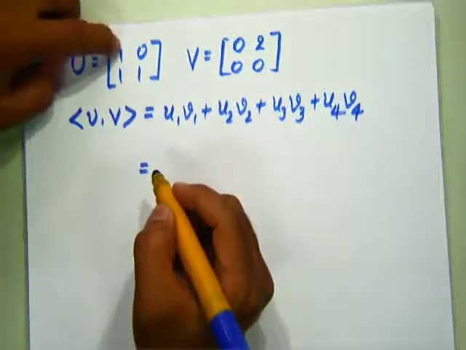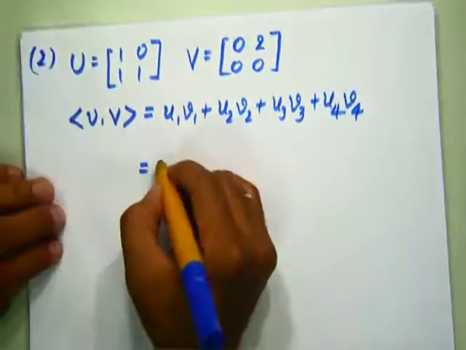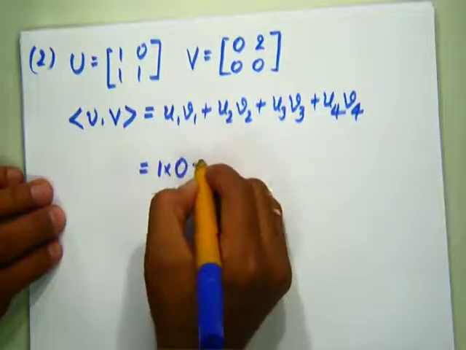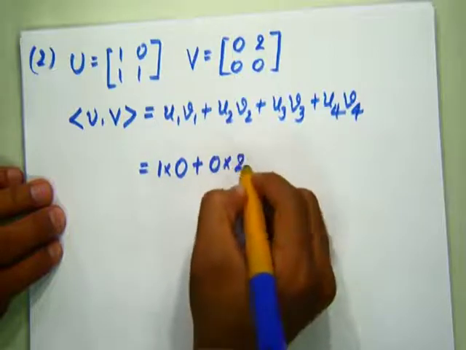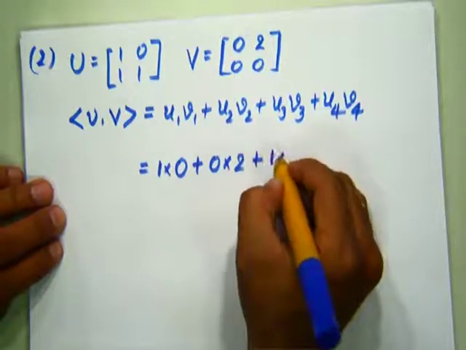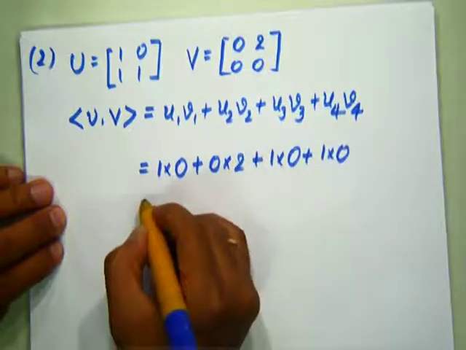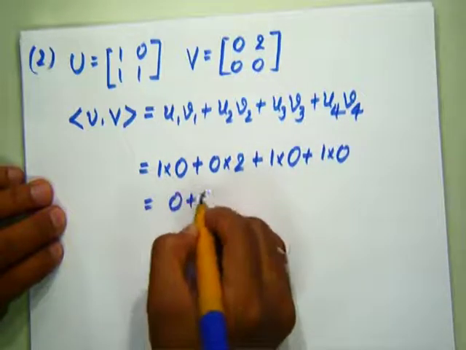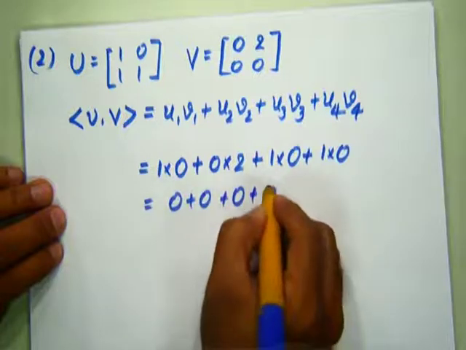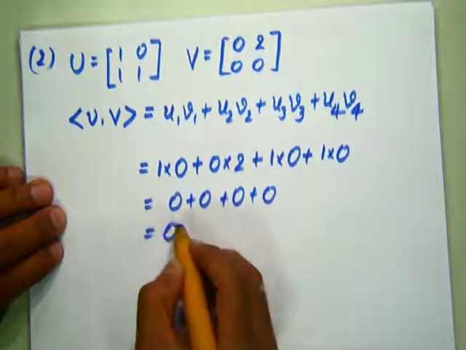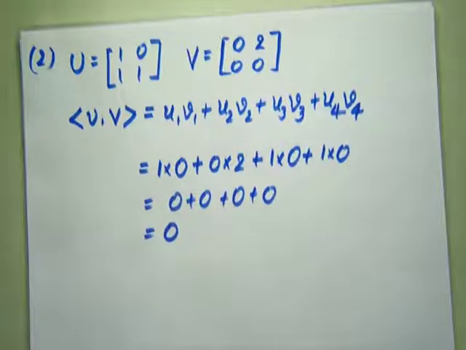So first of all, U1 into V1, so it is 1 into 0 plus 0 into 2 plus 1 into 0 plus 1 into 0. So it is 0 plus 0 plus 0 plus 0. So it is 0, and now U and V become orthogonal.